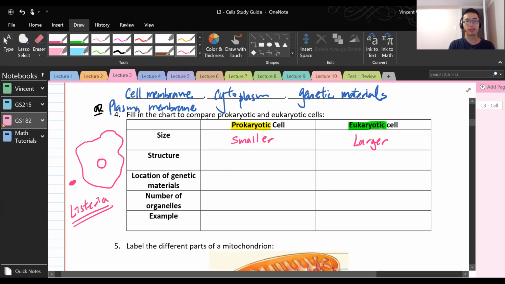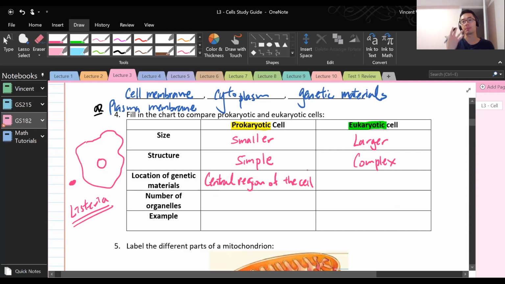Next, structure. Prokaryotes are quite simple, and the structure of eukaryotes is complex. For location of genetic material, in prokaryotic cells it is just scattered in a central region of the cell.